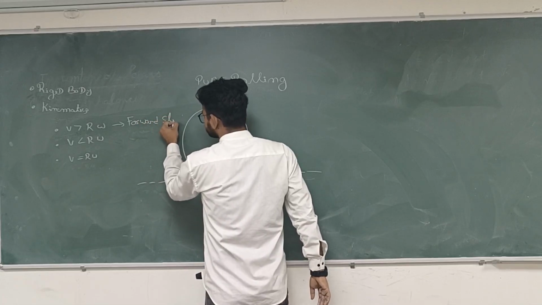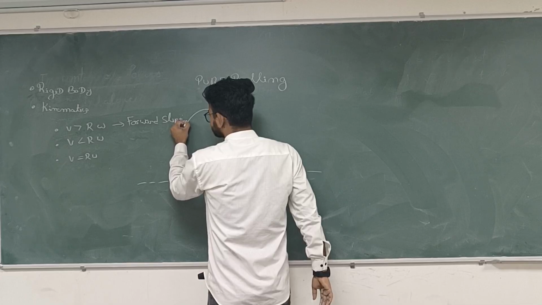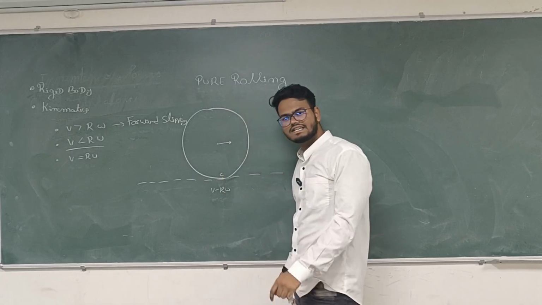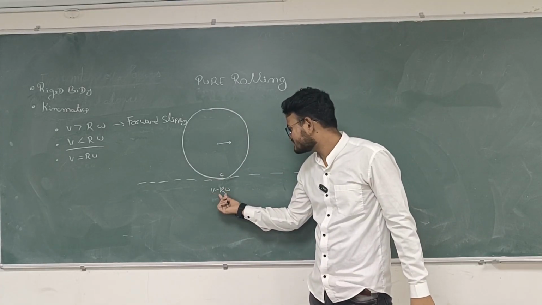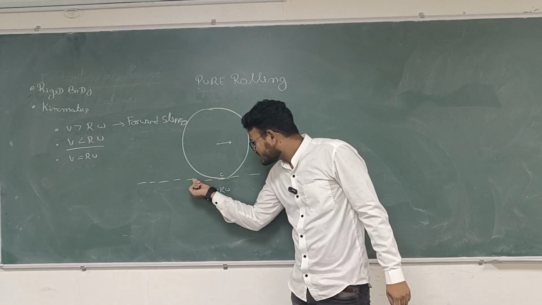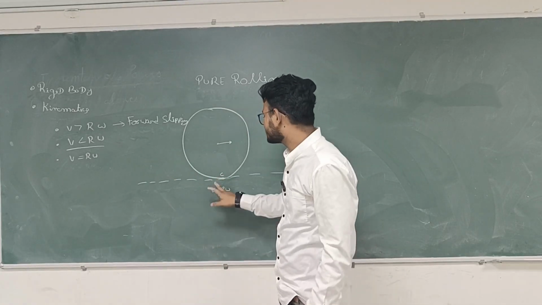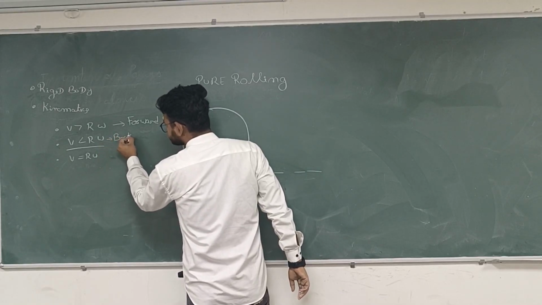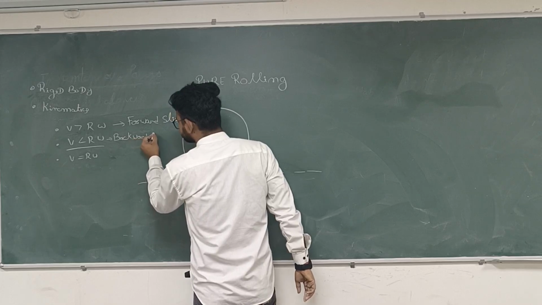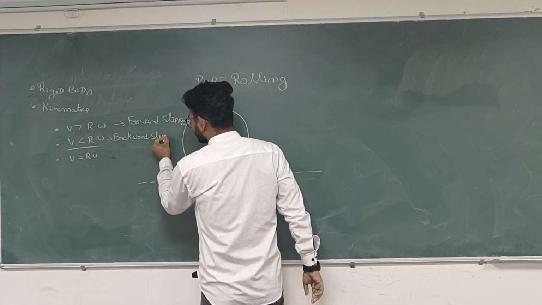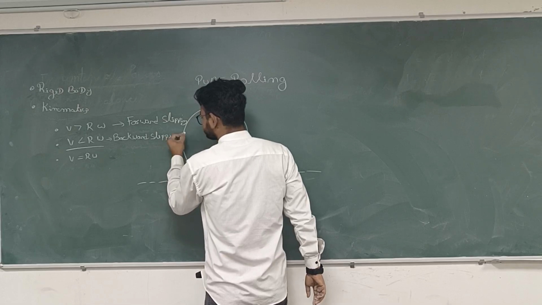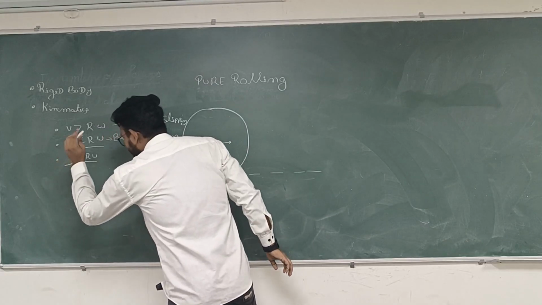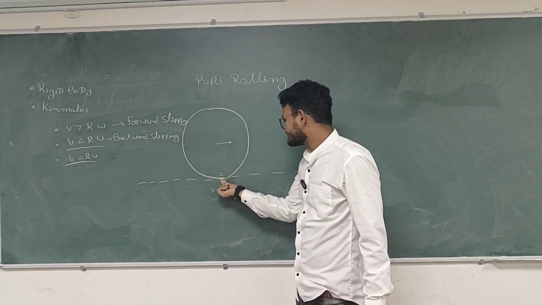Now if v is less than r omega, that means this point tries to move in backward direction, and this is known as backward slipping.